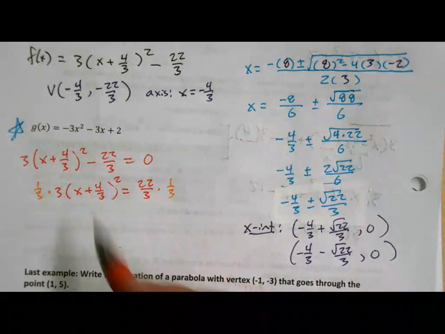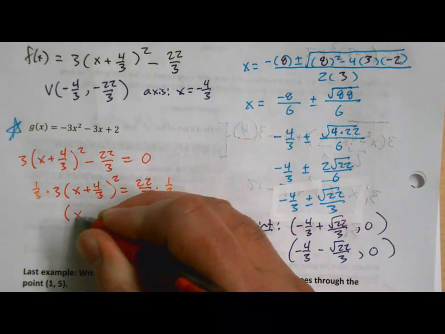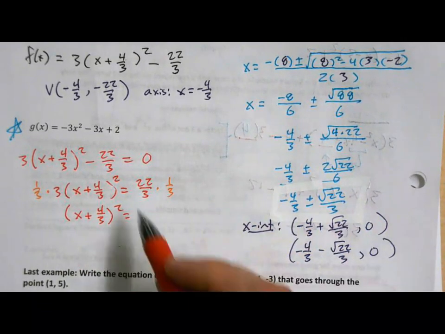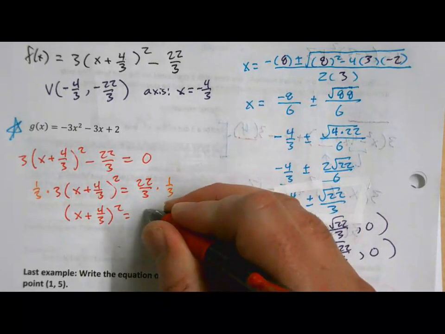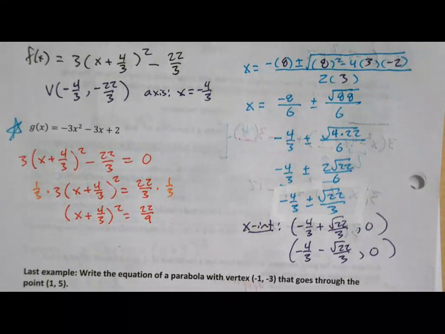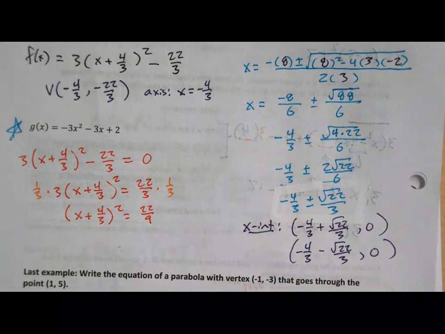A third times 3 is going to cancel out just the same as division by 3 would. 22 over 3 times 1/3 is 22 over 9. What next? Square root on both sides.